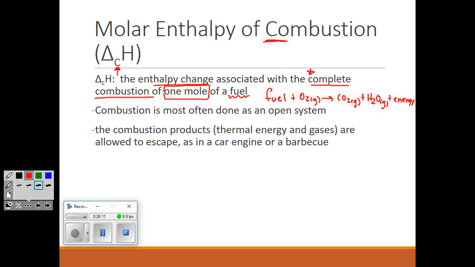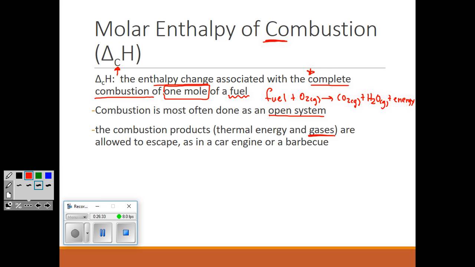Now, most of the time, combustion is done as an open system. And then the following point explains to you what an open system is. An open system is when the combustion products, specifically gases, are allowed to escape.